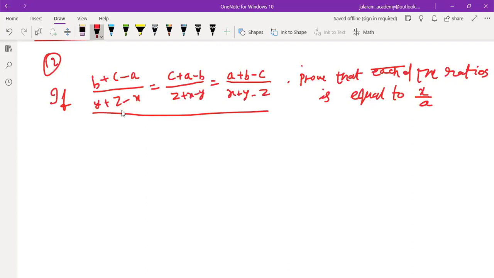Means (b + c - a)/(y + z - x) = x/a, (c + a - b)/(z + x - y) = x/a, (a + b - c)/(x + y - z) = x/a.